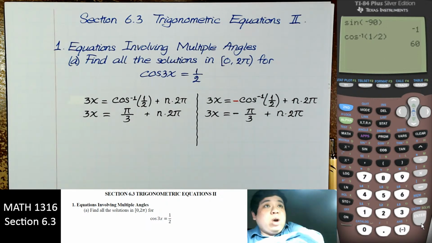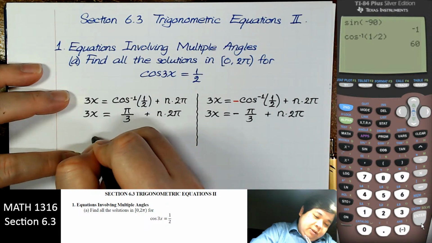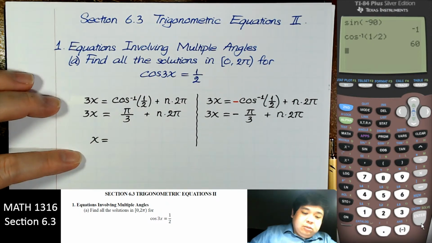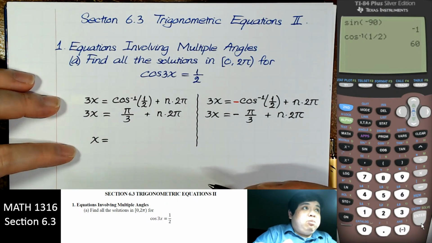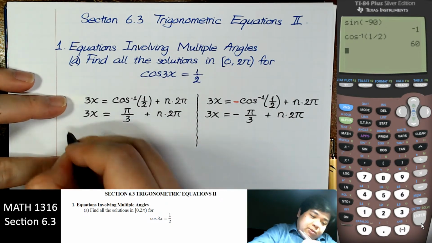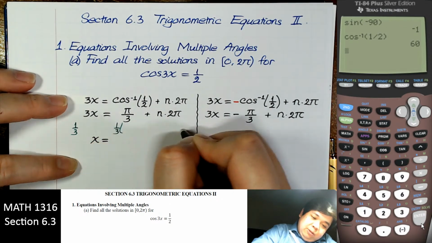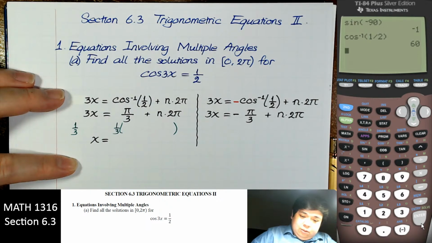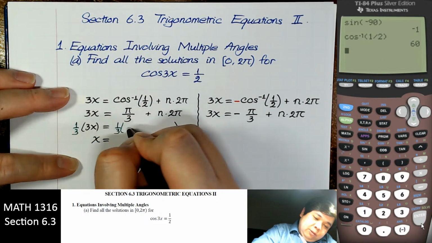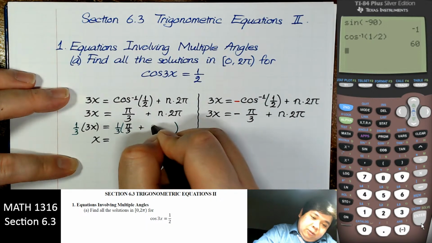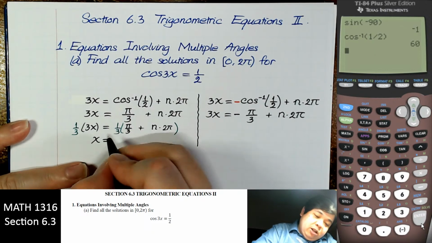Now we get back to x. For x, we just divide by 3. Instead of dividing by 3, we multiply by 1/3. So 1/3 times pi over 3 is pi over 9.